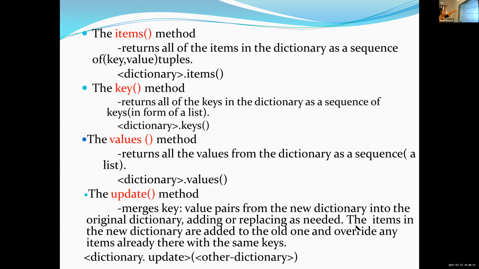Okay, first write the definition. The items method returns all of the items in the dictionary as a sequence of key value tuples. The syntax is dictionary.items.